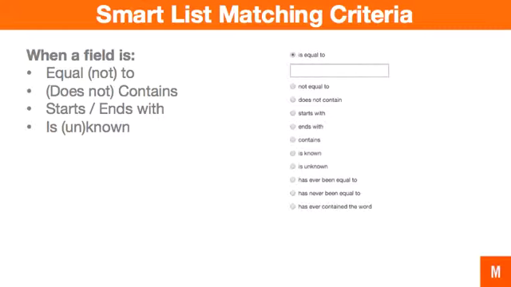So you could say, for example, that if a country is equal to South Africa, or you could say if first name contains DAR, or you could say if a favorite color starts with BL, as an example.